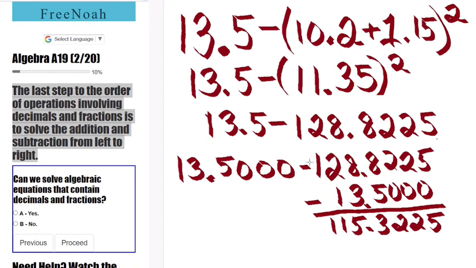So recall that this subtraction sign will give us a negative difference. So at the end of the equation, we're left with negative 115 and 3,225 10,000ths.